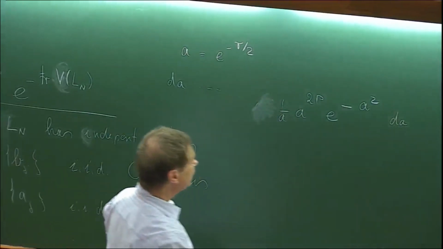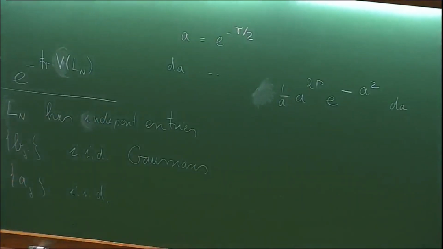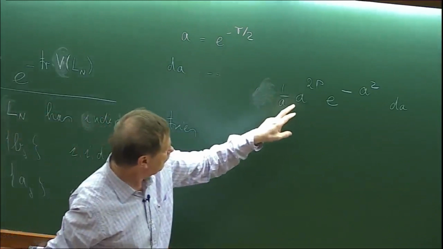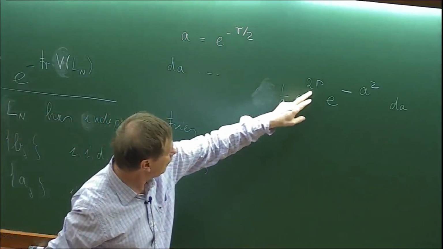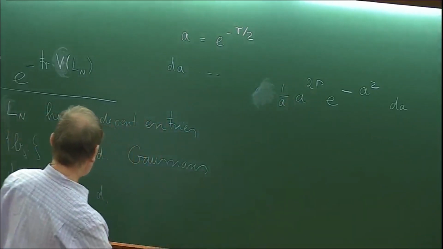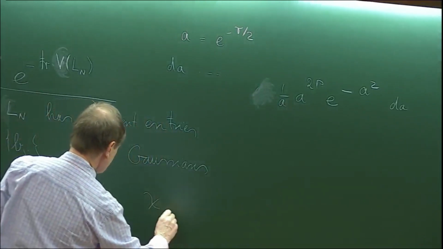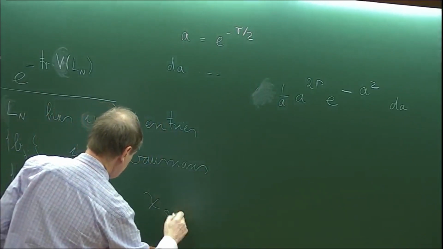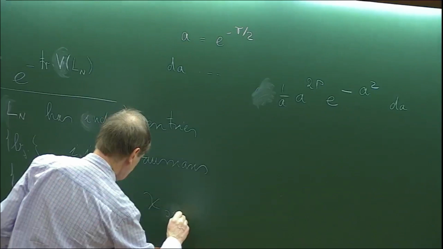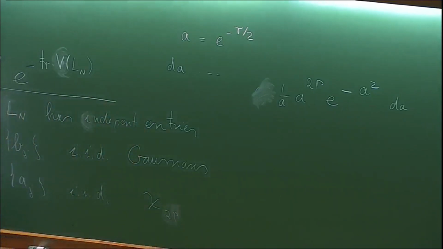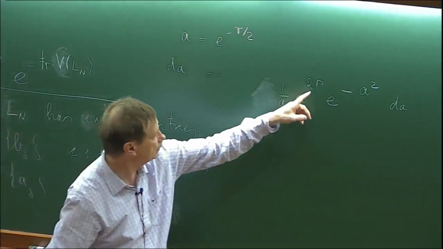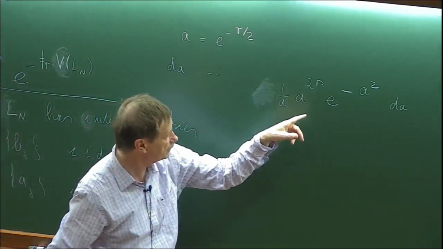This has a name, the so-called chi distribution, and the parameter of the chi distribution is the one sitting in this power here. So it's chi 2p. 2p is just the parameter of this prefactor.